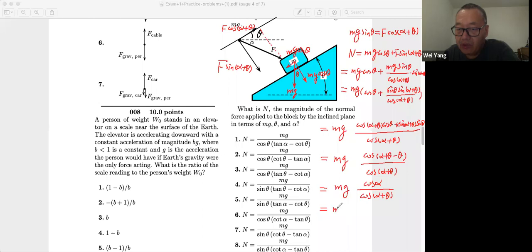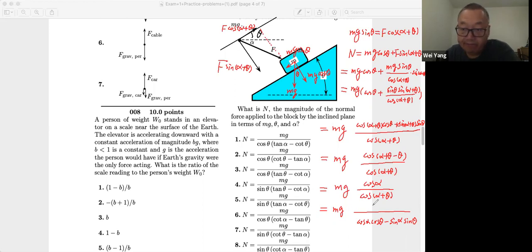So we can do it this way, mg, then the cosine, I'm going to write cosine alpha times cosine theta minus sine alpha sine theta.